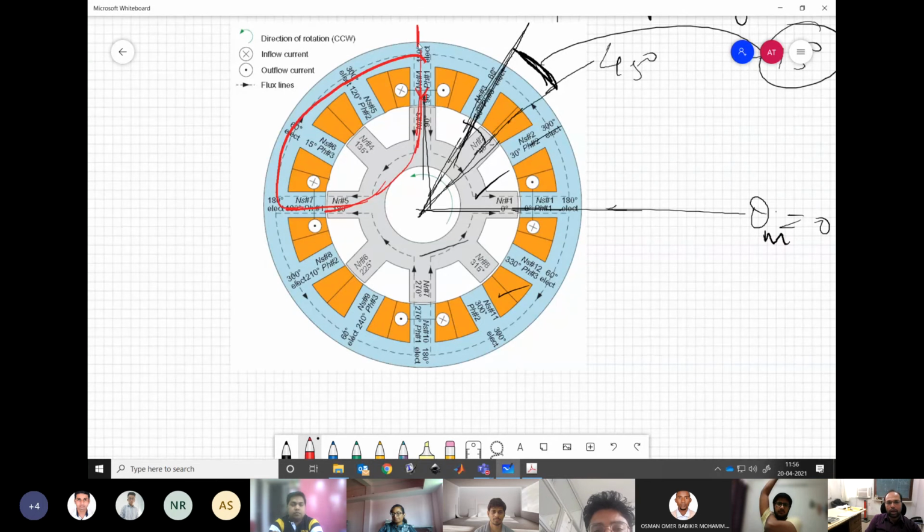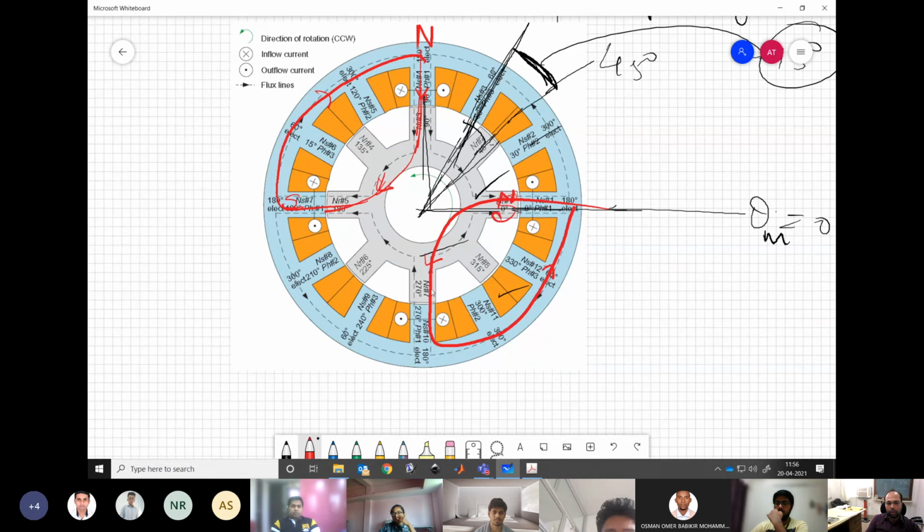So this could be your north pole, this could be your south pole. And similarly here, it could be like this. This is one example I am giving. This could be south pole, this could be north pole, so that the symmetry is also maintained. Understanding my point? This is how we orient.